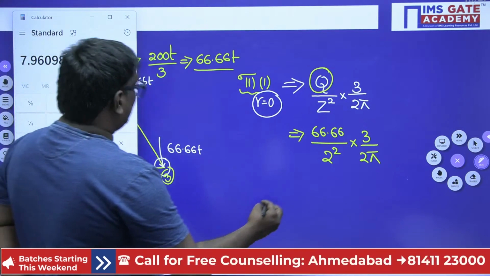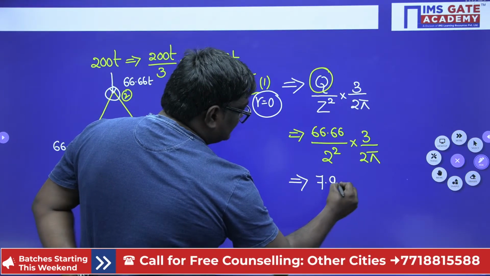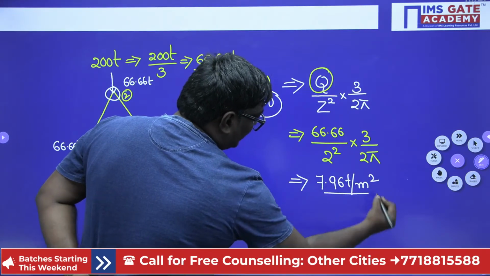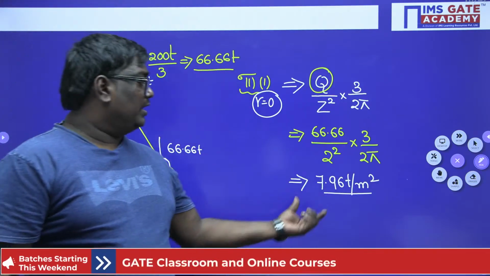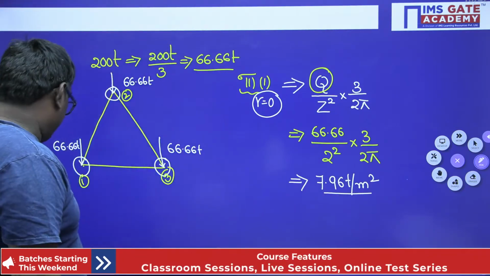This value if you calculate, it will be roughly equal to 7.96 ton per meter square. Am I correct or wrong? Very good. This value is equal to 7.96 ton per meter square.